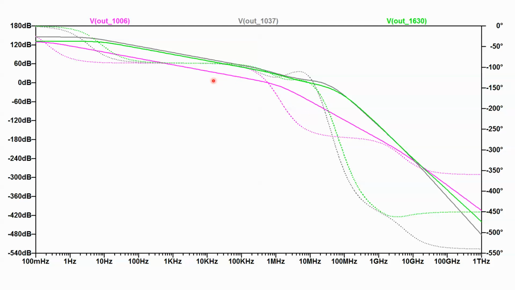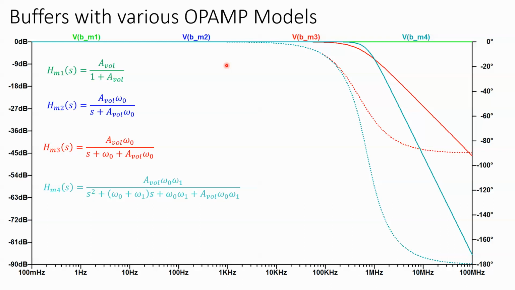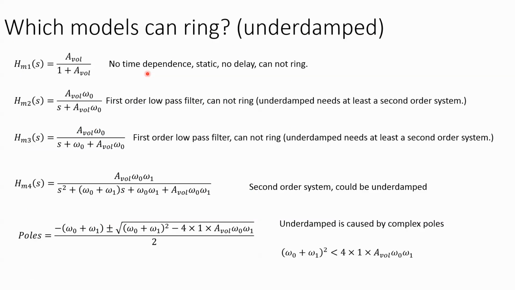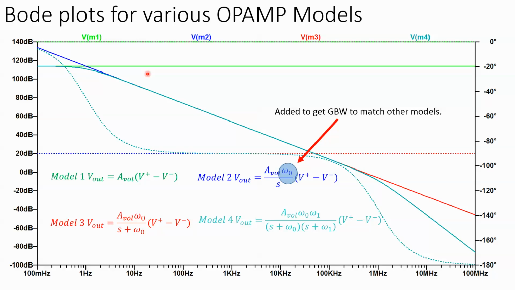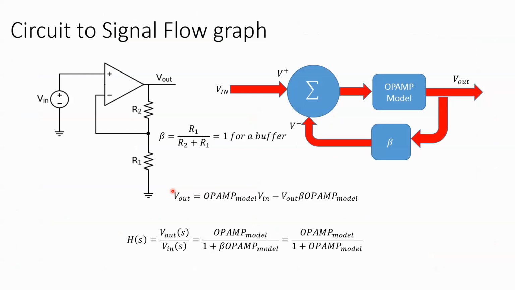And something to note is up to 100K, where the phase is below minus 90, well, they're all kind of acting like these models over here, where, right, as long as the open loop gain is high enough and I've got a phase of minus 90, these are pretty much going to work, right?